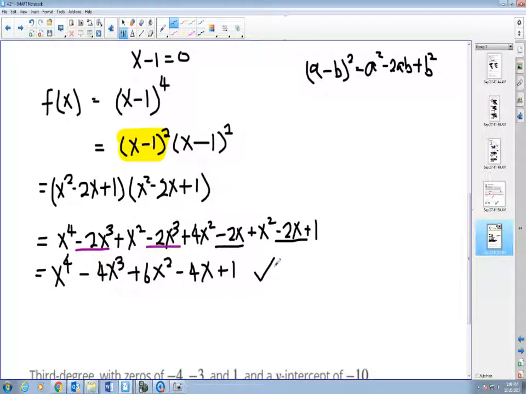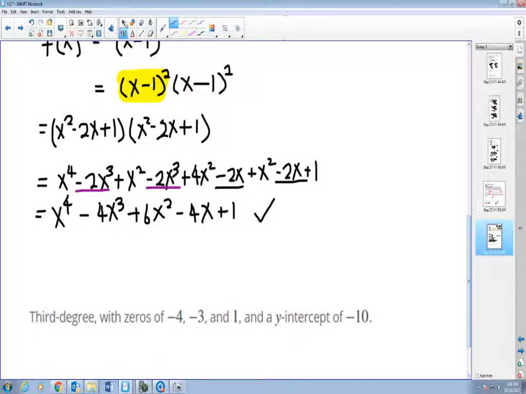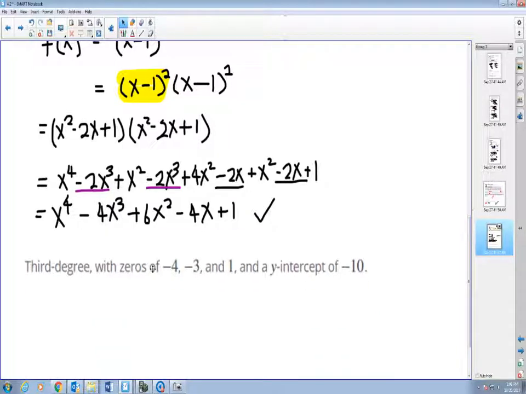Okay, so I multiply it out. Now, this example is also on your homework, a little bit strange. Third degree, so the highest exponent is going to be 3.